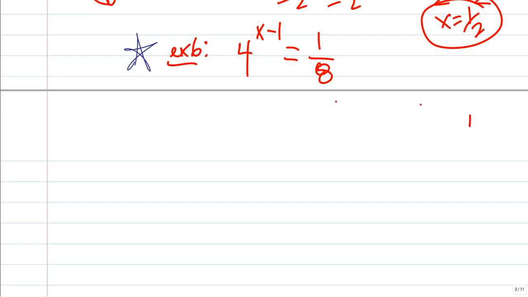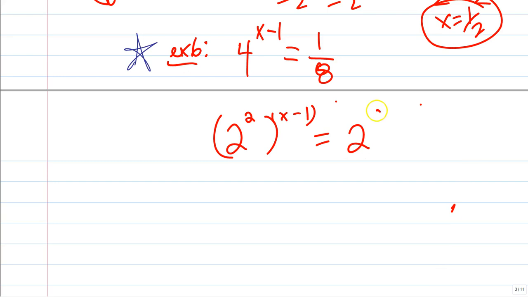So now I have 4 to the x minus 1 is equal to 1/8. And once again, I look at the 4 and the 8 and I go, man, I could write those both as the same base, right? 4 is the same thing as 2 squared, to the x minus 1. Remember that those are going to multiply to give me my 2x minus 2. The 1/8 you have to be a little trickier with, because I know that 8 is 2 to the third, but to flip it down to 1 over, I need that exponent to be negative. 2 to the negative third would make it 1 over 8.